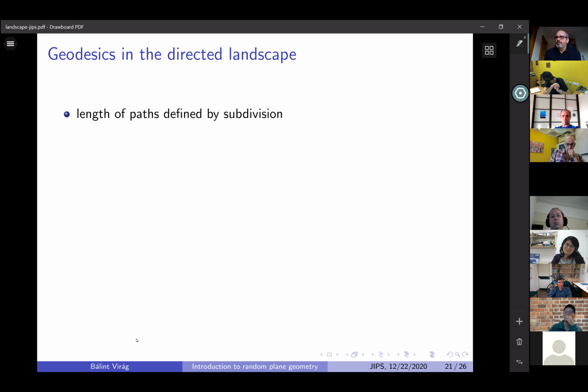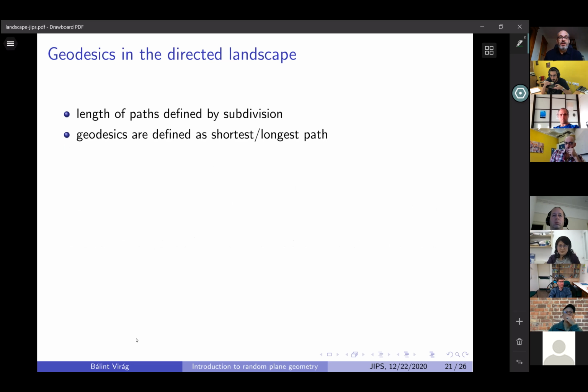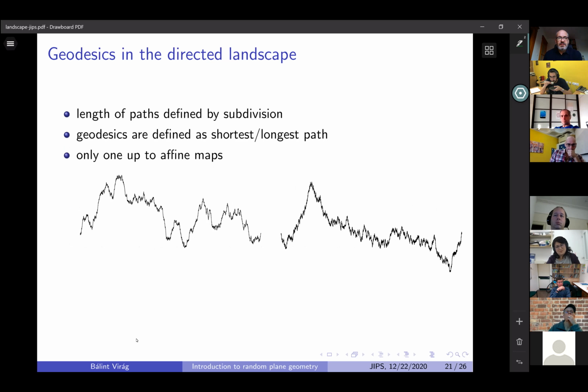Okay, so we have constructed this directed landscape. Let's say some things about it. So one thing is that you can define geodesics in it, okay? Because you can define a path, you can define the length of a path by subdivision, just like in any metric space. And the geodesic, I define as the shortest or longest path, depending on the sign. And there is another interesting thing, that there is essentially only one geodesic.